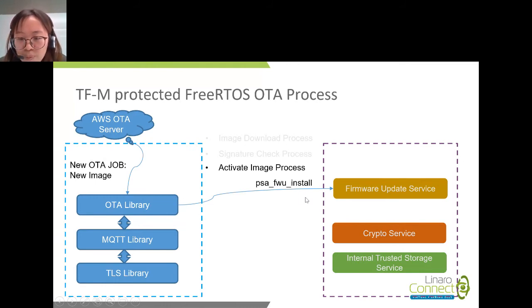Based on the MCUboot bootloader shim layer, the firmware update service returns a reboot needed error code, as we introduced before, to indicate that a reboot is required to complete the installation. So the OTA library, based on this error code, requests the device to reboot by calling the request reboot interface, and then the system reboots.